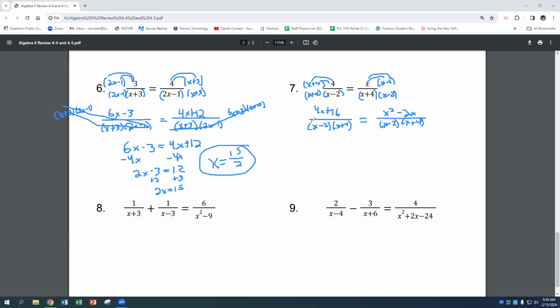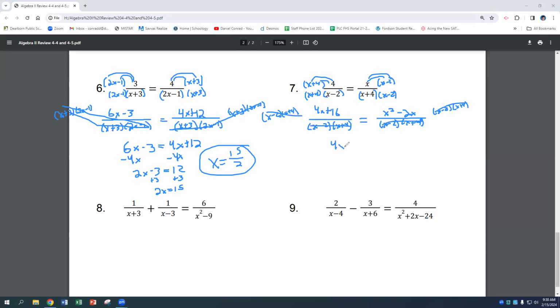All right, I can multiply both sides by x minus 2, x plus 4. And if I multiply the left side, I have to multiply the right side by it as well. So my denominators are going to cancel.